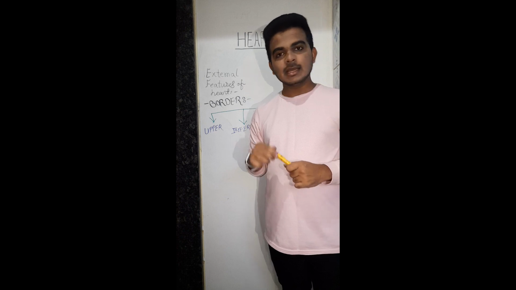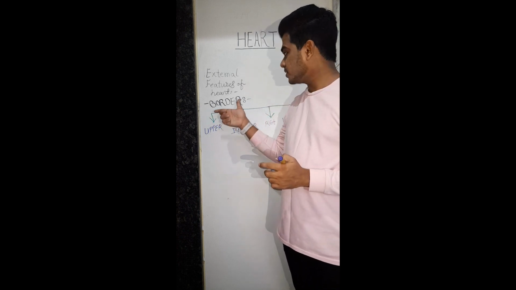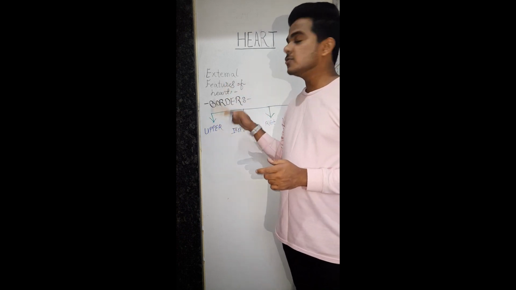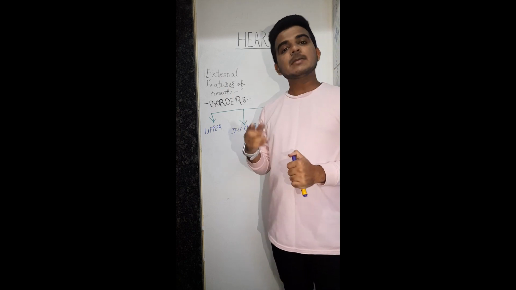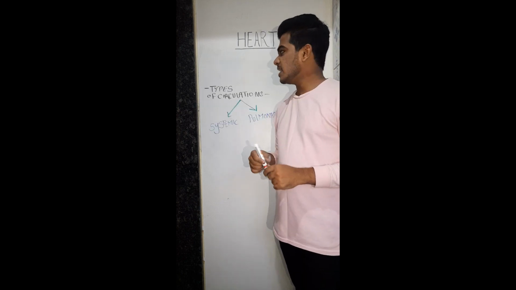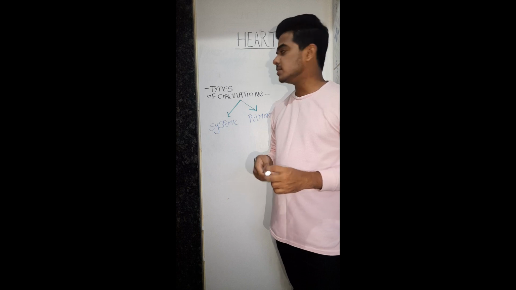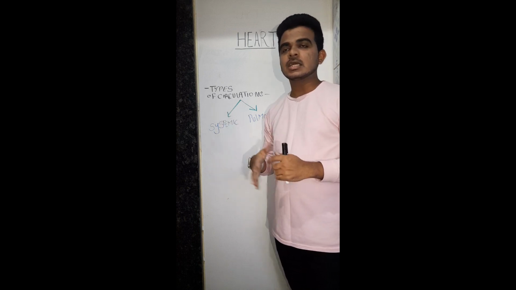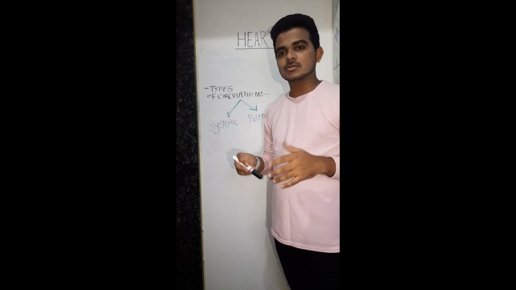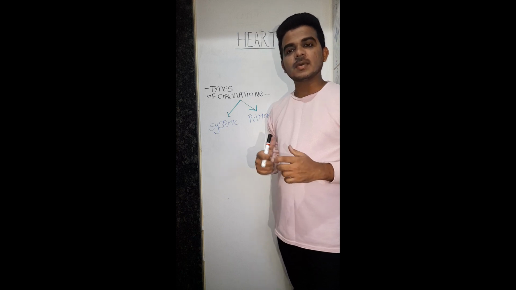After the borders, the last point of the external features of the heart is the types of circulation. The main function of the heart, we know, is circulation to all parts of the body.